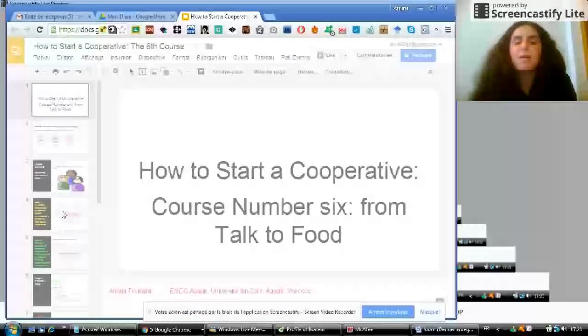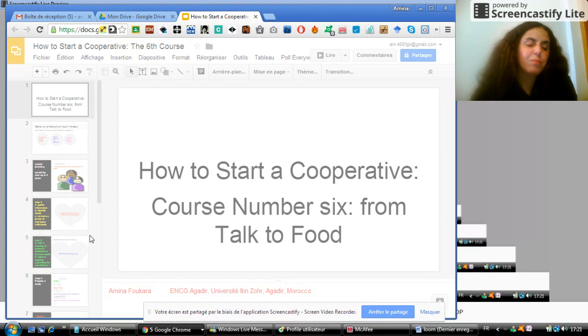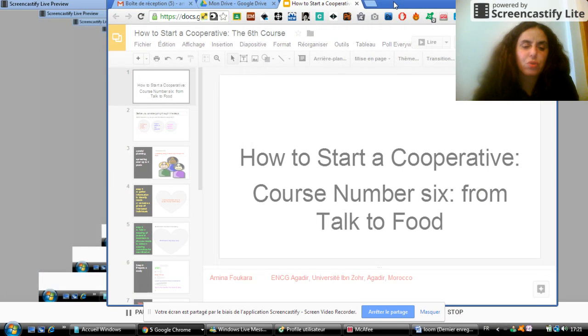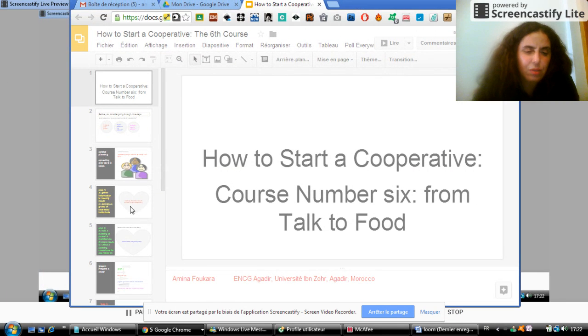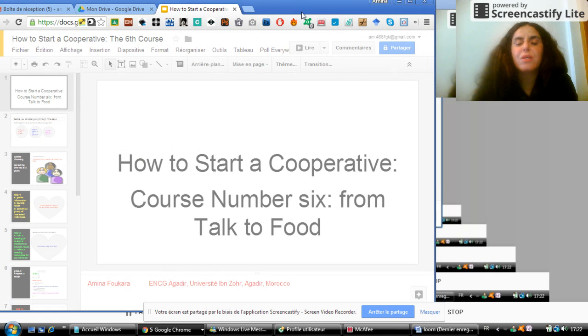So here are the 9 steps through which you will need to go before establishing a cooperative. So the first step, as you can see here, is identifying the need of members living in the same geographical zone. So why identify their needs?